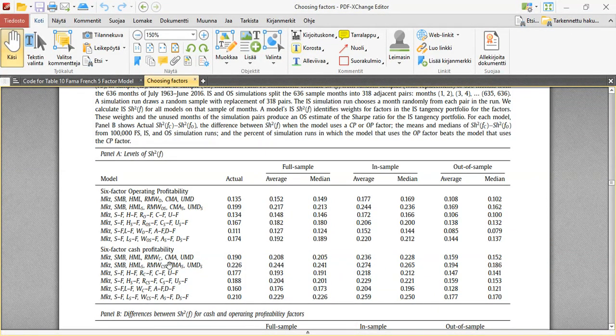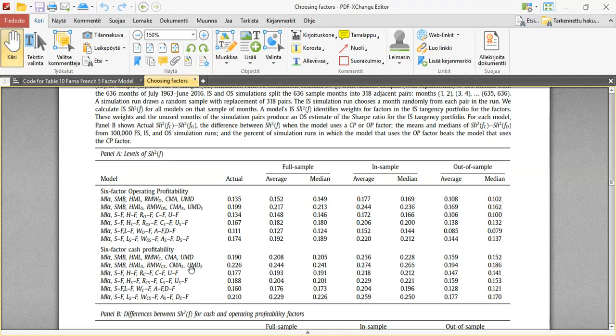We would prefer a six-factor model using cash profitability, and moreover, we would prefer a six-factor model using cash profitability and the association with small stocks for implementing the value factor, profitability factor, investment factor, and momentum factor.